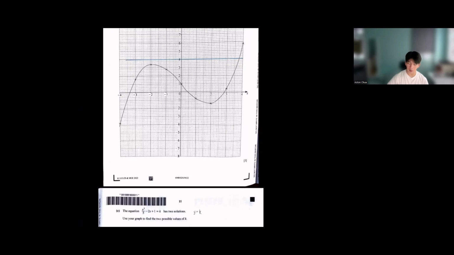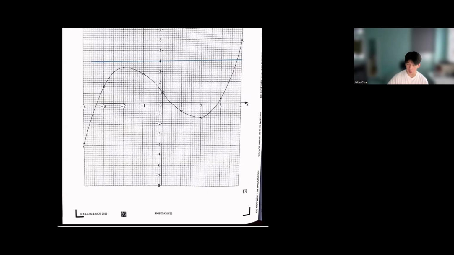It cannot intersect the curve at 1 point, and cannot intersect at 3 points or 4 points. For example, in this case, it only intersects the curve at 1 point, so this is not a solution.